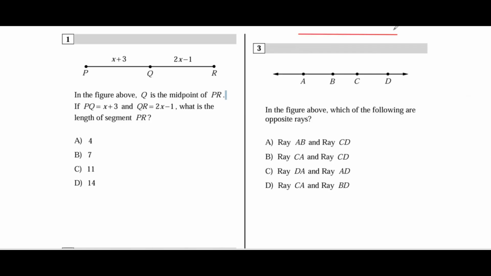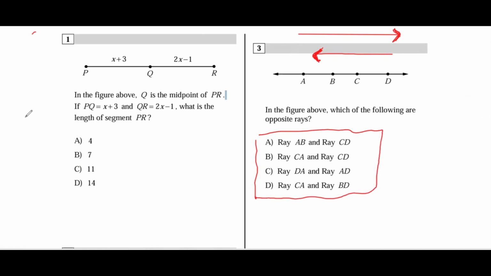So this is a ray. This is the ray towards the right, and this is the ray towards the left. So in the figure above, you have to find the opposite rays. You have been given four different options here.